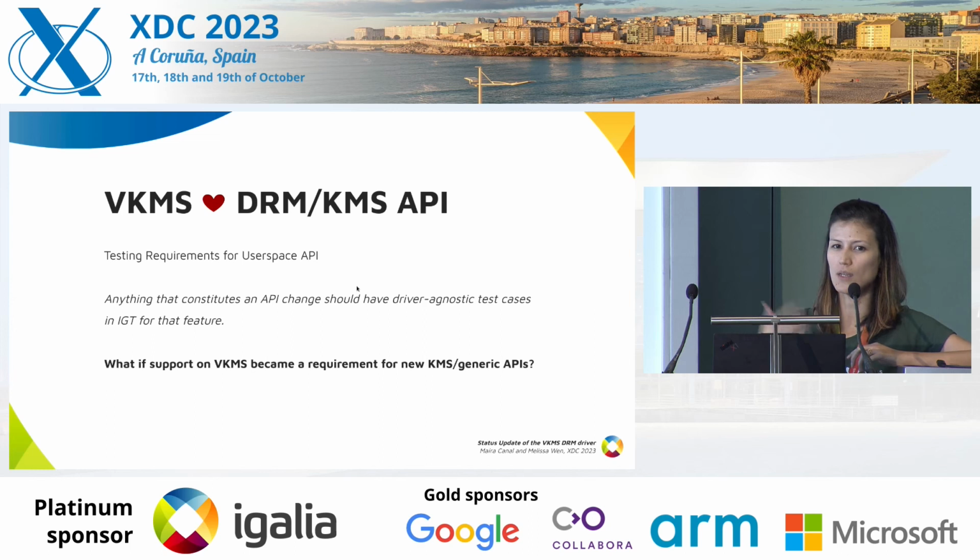And going deep on VKMS, implementing everything that the GPU is capable of doing would be quite a lot of effort at the software level. But we believe that VKMS is still a good way to validate and test new features in the DRM KMS framework.